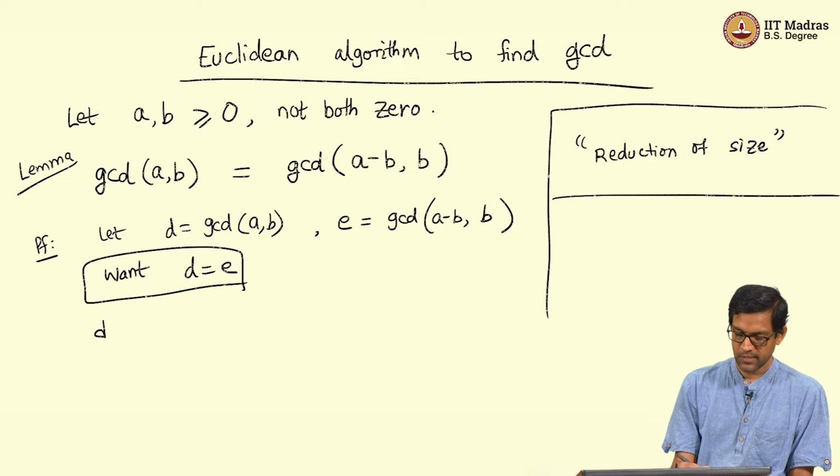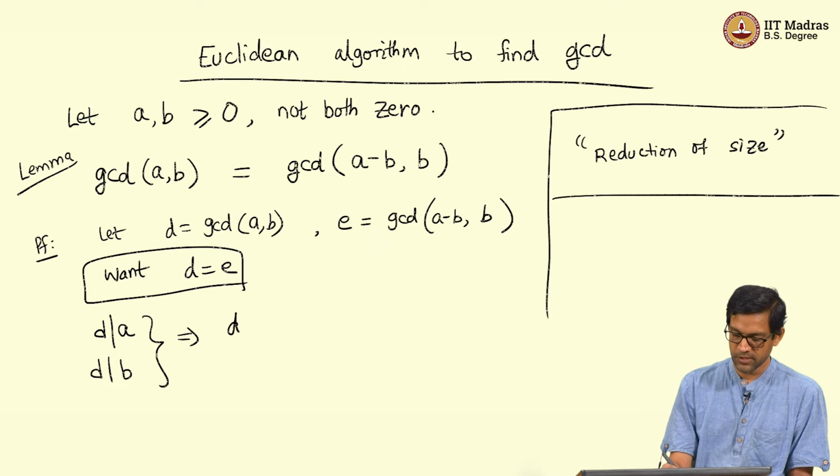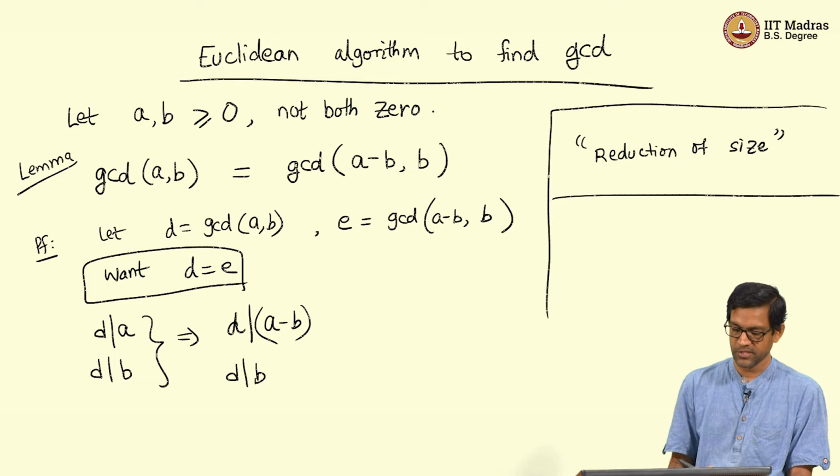Okay, so let's start. d is the GCD. In particular, it means that d is a common divisor, d divides a and d divides b. That just comes from the fact that d is the GCD. What does this mean? We have looked at this before. If d divides a and b, then d certainly divides their difference. And it also of course continues to divide b. I am just rewriting the bottom relation as it is. Now, what does this tell you?